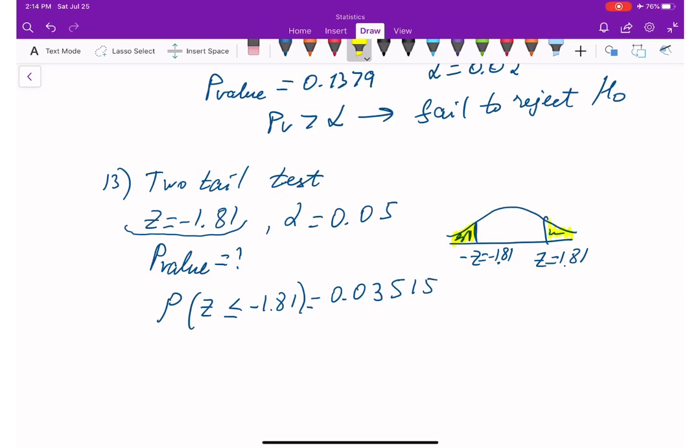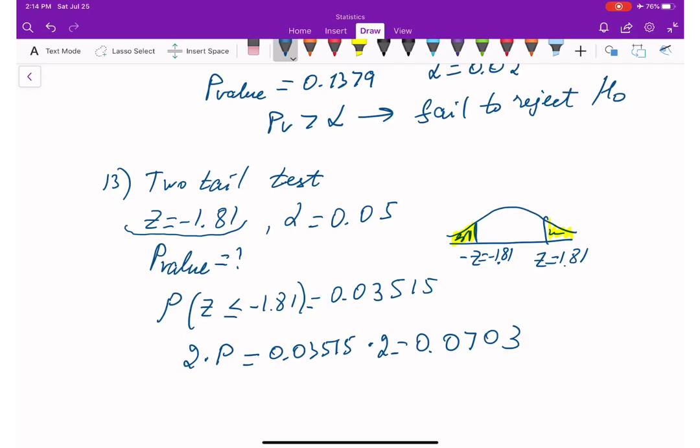So we need to multiply. If I multiply 2 times this probability, 0.03515 times 2, it's gonna be 0.0703. Okay, this is going to be our p-value.